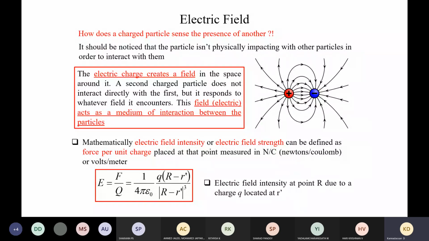If it is elongated to a line, or to a surface, how will the field distribution be, and how do two charged bodies of different shapes interact? That can also be studied by the field distribution itself. So the very behavior of the field describes the charge.